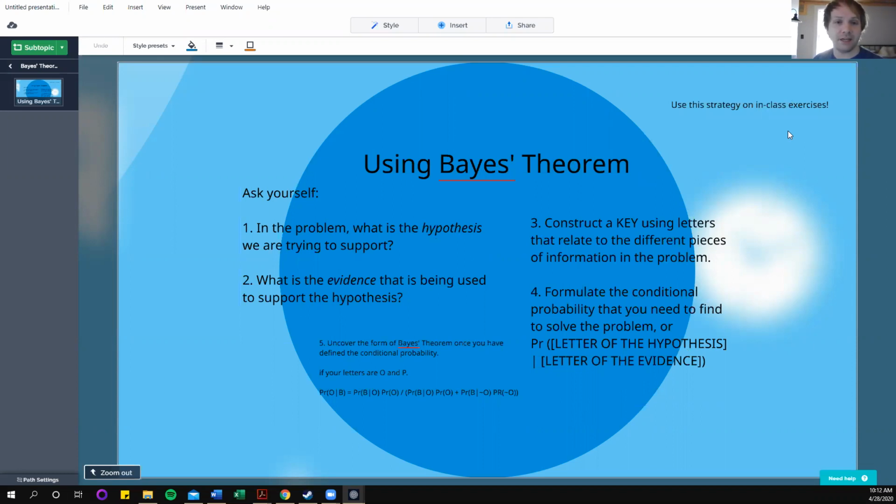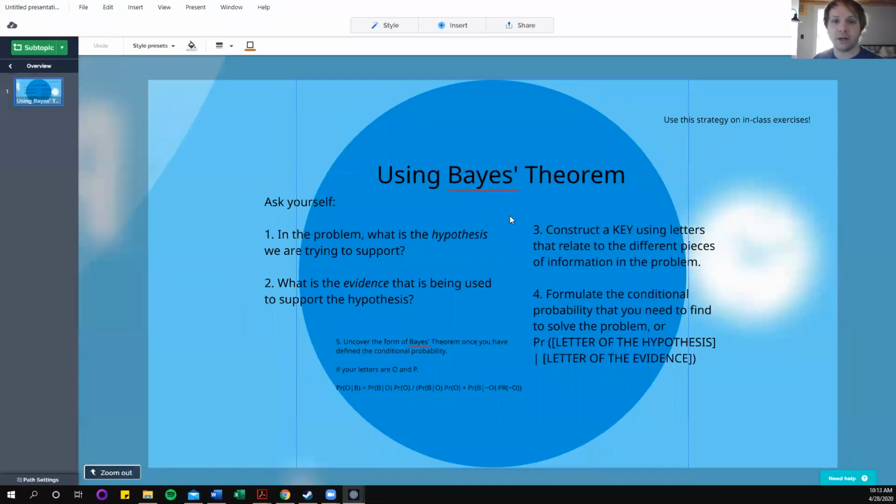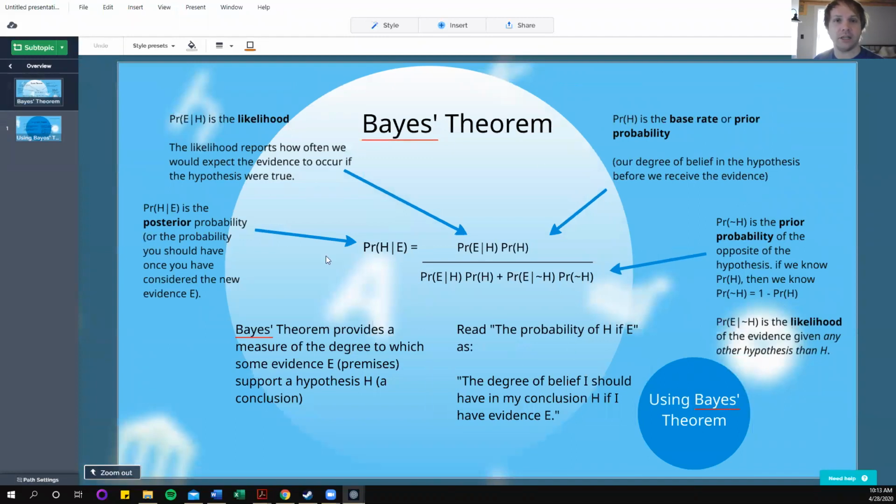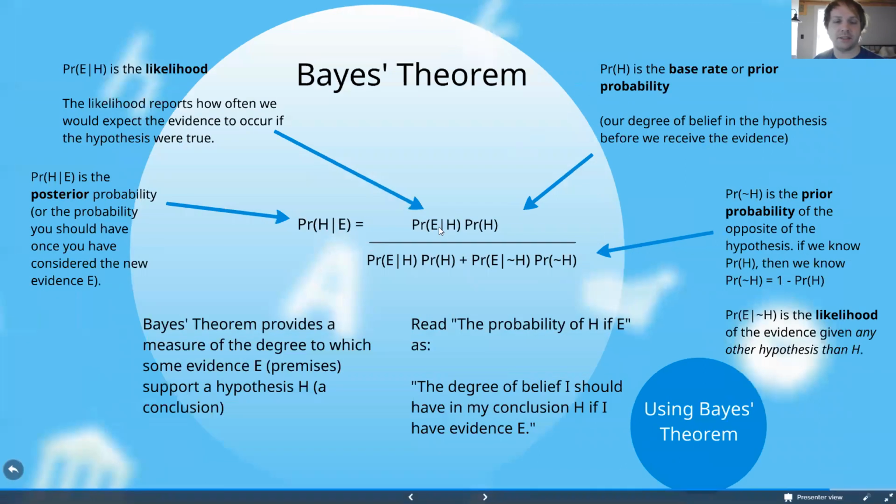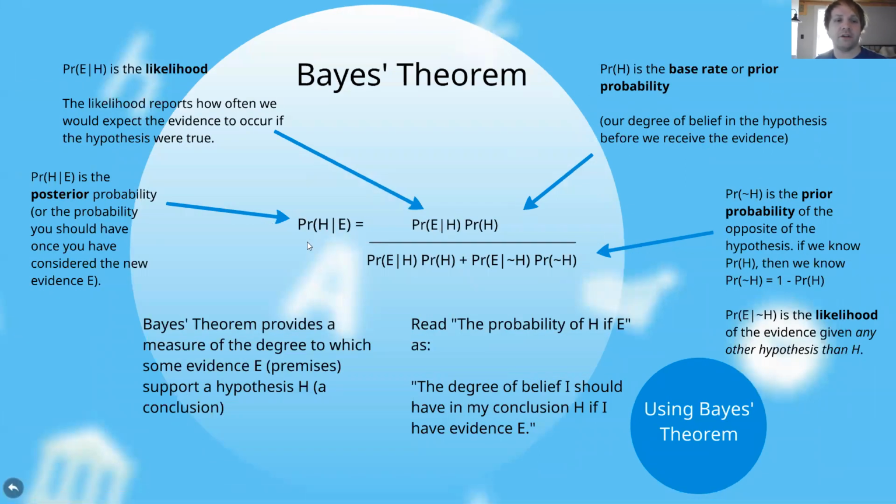So yeah, this last lecture will be about Bayes' theorem and how to use Bayes' theorem. So recall that this equation here is Bayes' theorem, right? Bayes' theorem gives us a measure of the degree to which a piece of evidence supports a hypothesis.